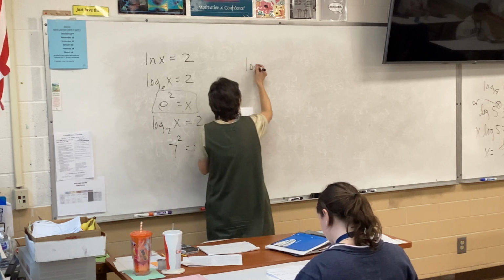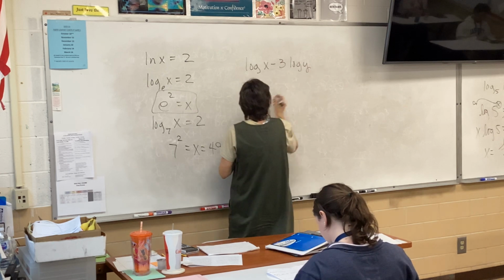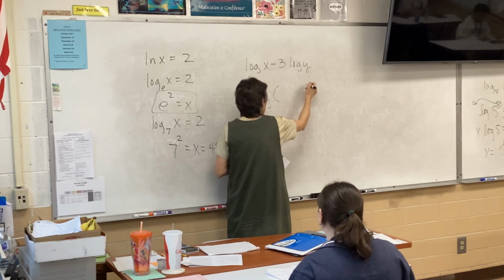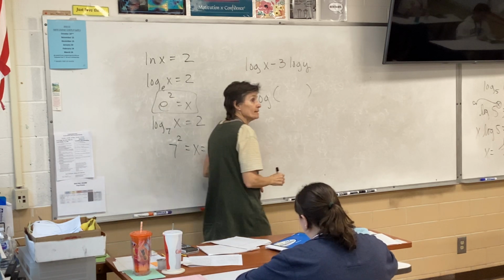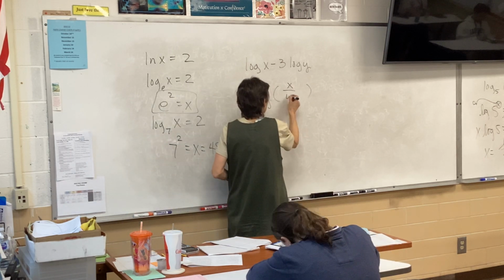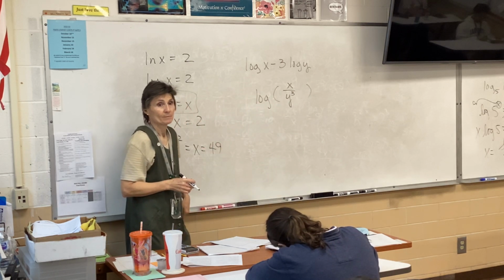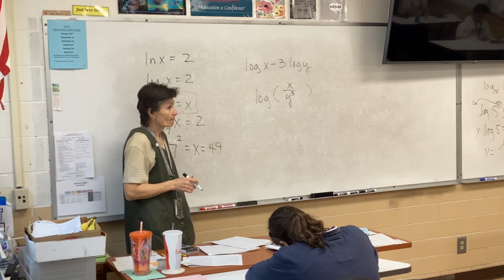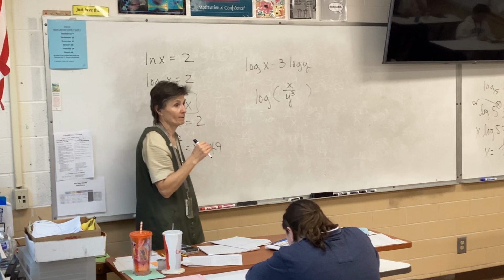Combine these into one logarithm. So in other words, it's gonna be log that. What did you say, Eli? X over y cubed is what Eli said. What do the rest of you think? I agree. First of all, why is it x over y, why is it a division problem?